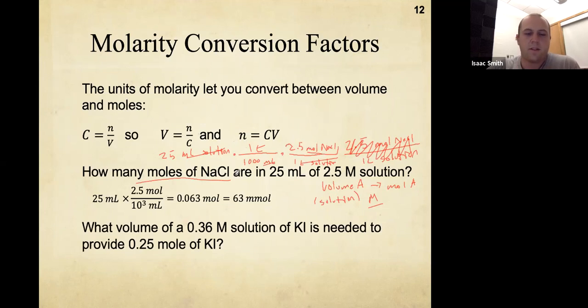Perfect. So if you like formulas, you could use this one right here. This is telling you that the number of moles equals the concentration, so the molarity, times the volume. And that's what we did here.